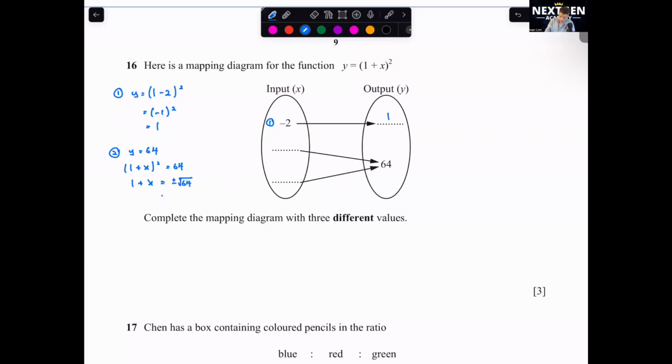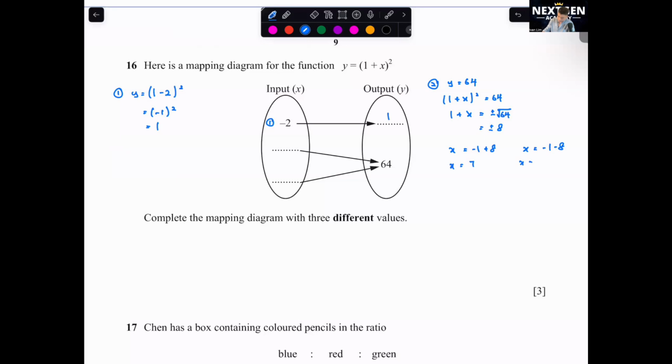So you get 2 answers here. Plus minus square root 64, which is plus minus 8. Therefore x will be, you need to split it up. You have -1 plus 8 and -1 minus 8. Here is 7. Here is -9. So that's why we have two answers here. This is the second one, 7 and -9.